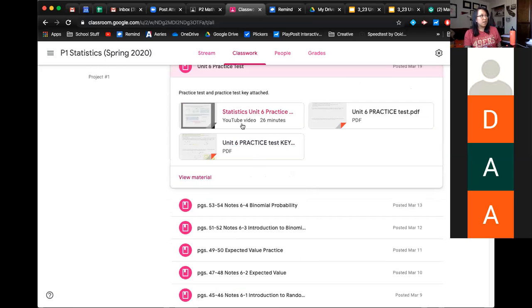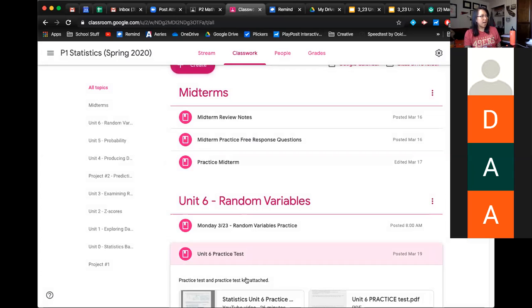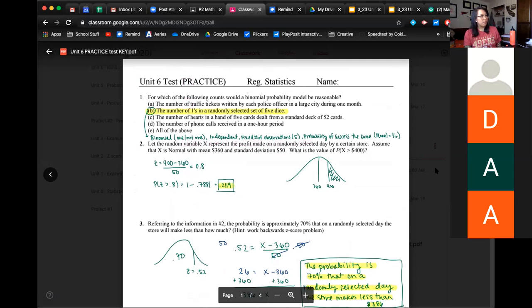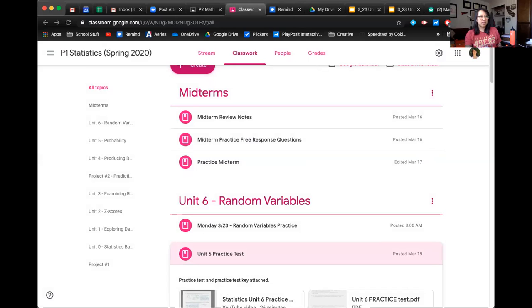There's a YouTube video that goes over the whole thing, as well as the key. So that's what you can do for homework to review. But again, everything's optional as of now. I'm not planning to collect any of this. It's just for your own good. So if that's something that you want to do, feel free. If not, that's totally fine.